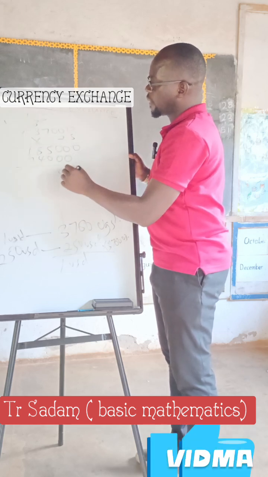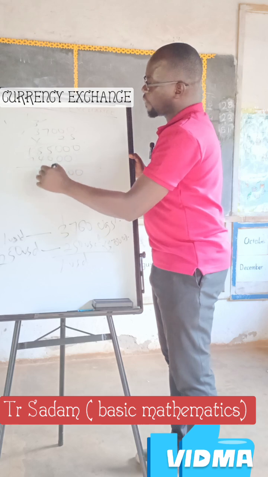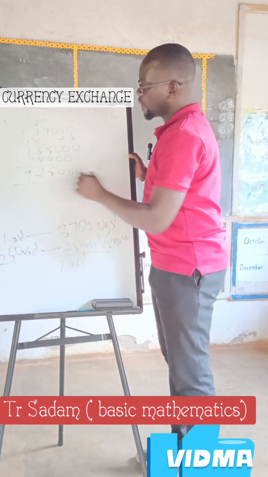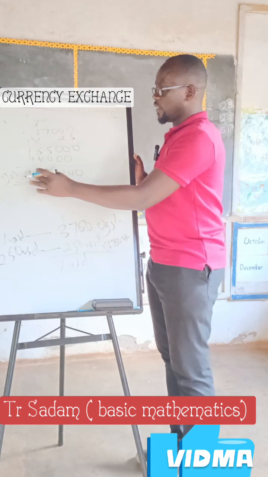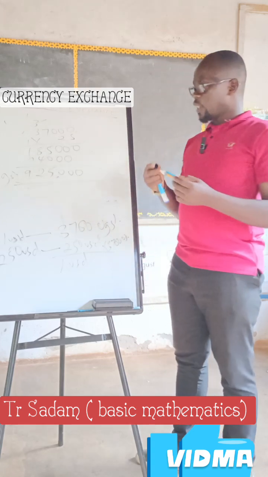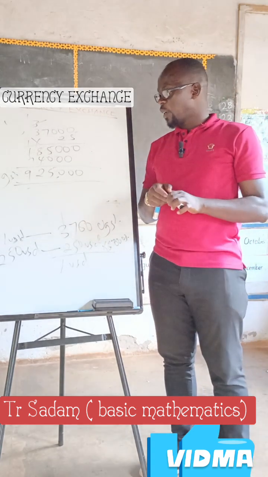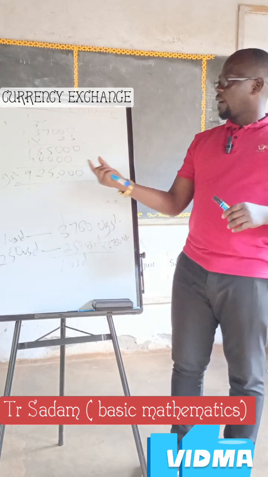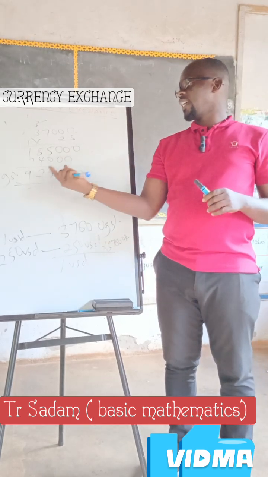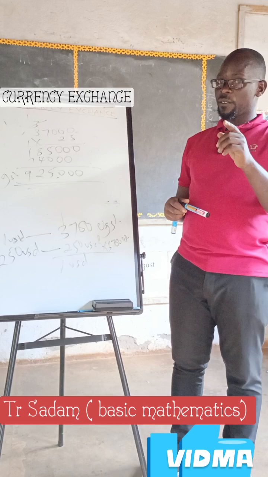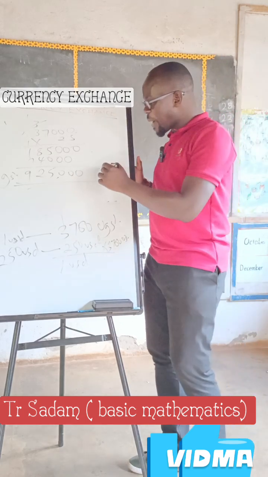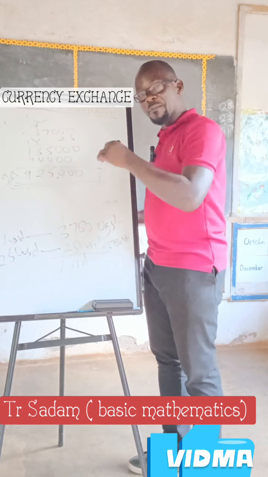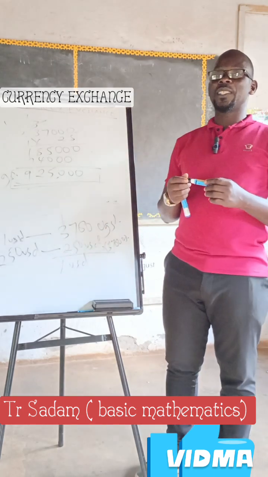So when you add this, you will have something which is close to that. This money we are seeing here is now in Ugandan shillings. That means the 250 US dollars is equivalent to Ugandan shillings 925,000.